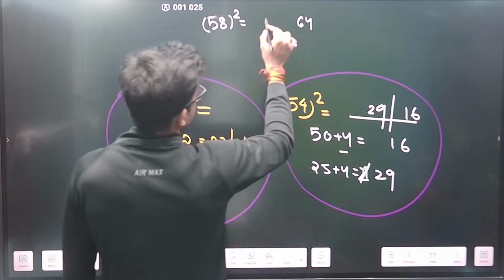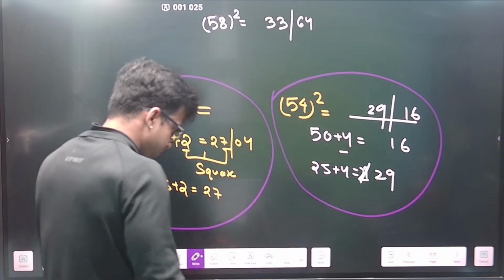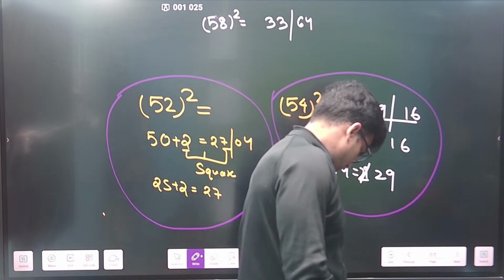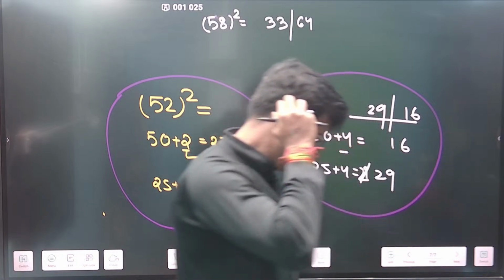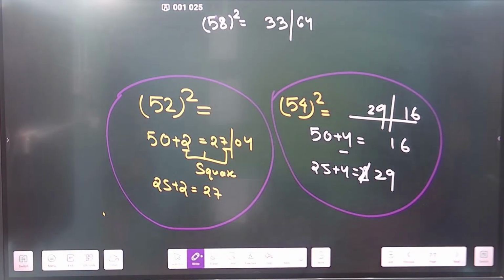So this would be 3364. Haven't you guys understood? This is the way in which we are figuring out the squares, okay?